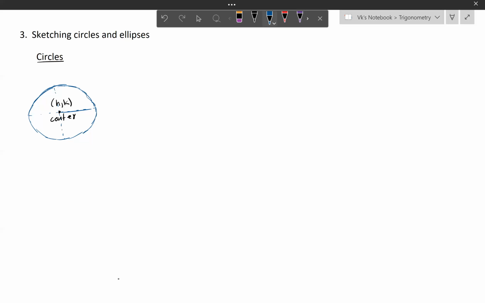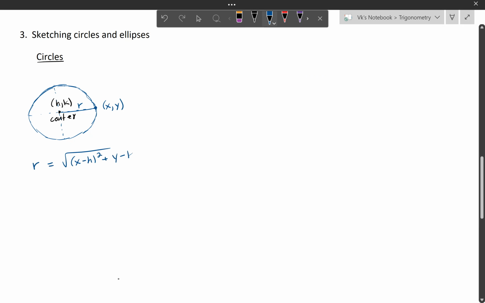And the distance is the radius r. Well, we know distance, right? If we pick an arbitrary point (x, y), then from the distance formula, r is equal to the square root of (x minus h) squared plus (y minus k) squared.